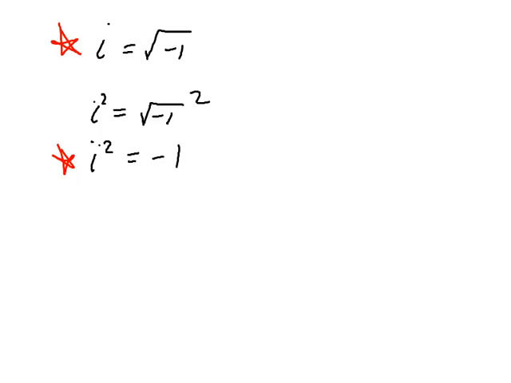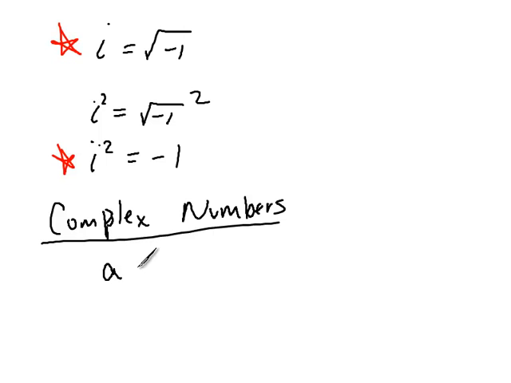Now, complex numbers are always written in a particular form. They're always written a plus bi, where this i is the square root of negative 1 that we were just talking about.